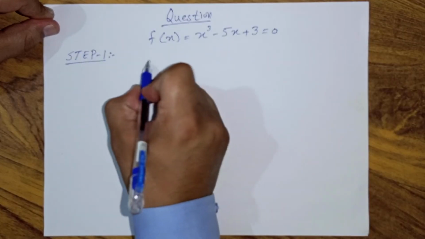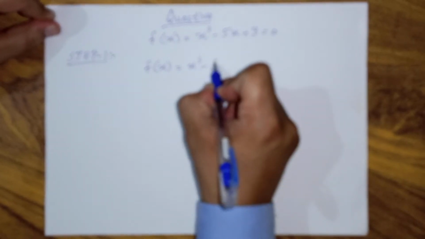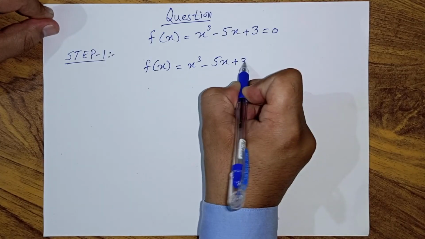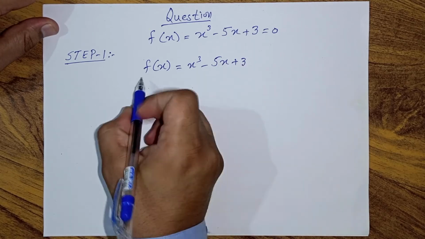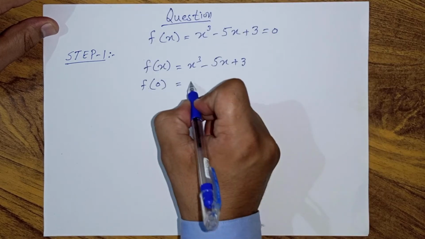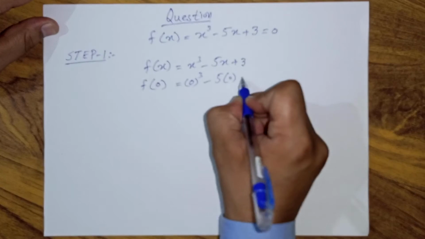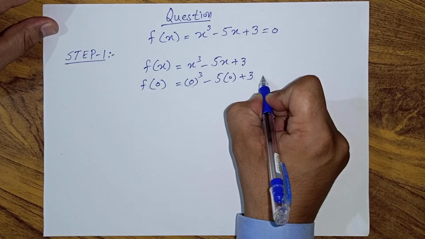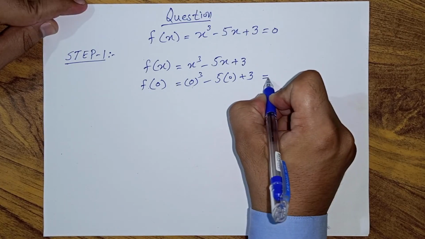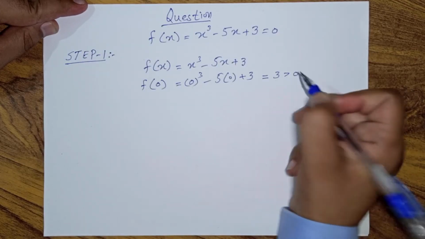We take the first point 0. Putting 0 in the given equation, we get 3, which is greater than 0.